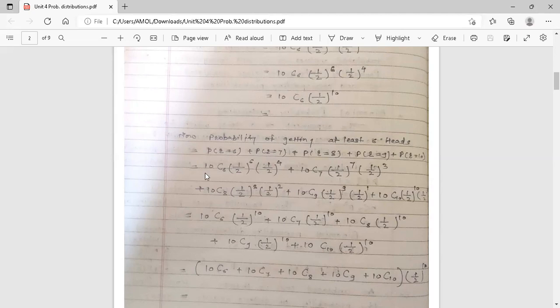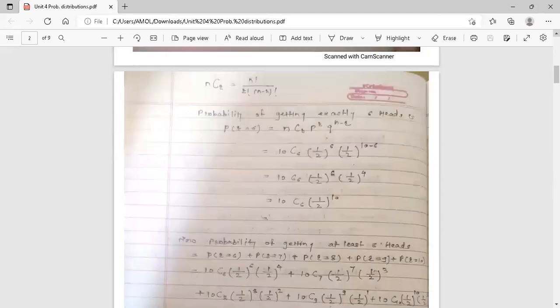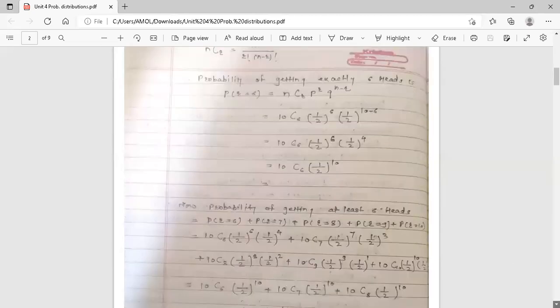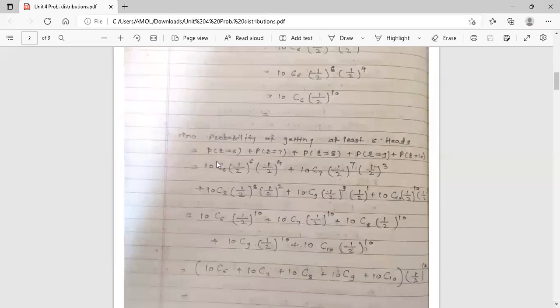Okay, so it is equal to, R is equal to 6. Now you know the formula for binomial distribution. It is nCr into P raised to R into Q raised to N minus R. So here R is equal to 6, so it is nCr. N means number of trials, it is 10. N is equal to 10.